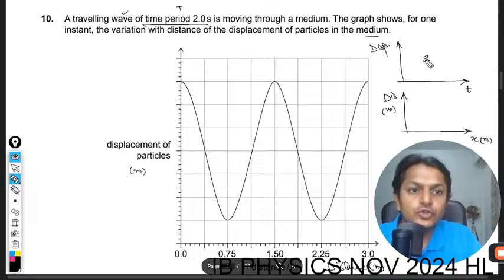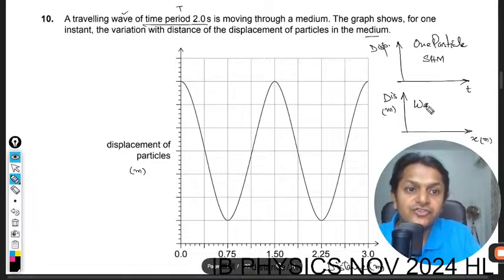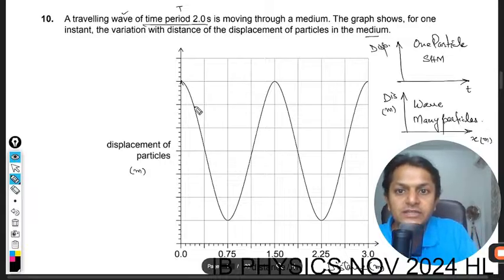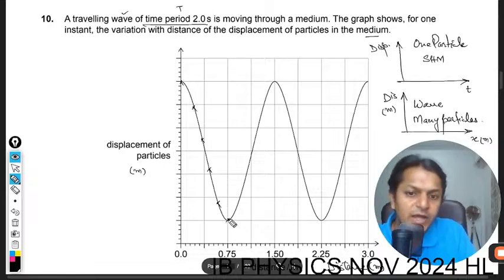Now, the displacement versus time graph is used when you are talking about simple harmonic motion of just one particle. But this is literally a traveling wave which consists of many particles. So every point is a different particle. Now, this particle is undergoing simple harmonic motion at this location. It is at one of the extremes.